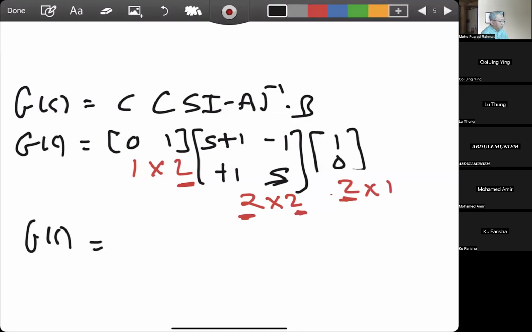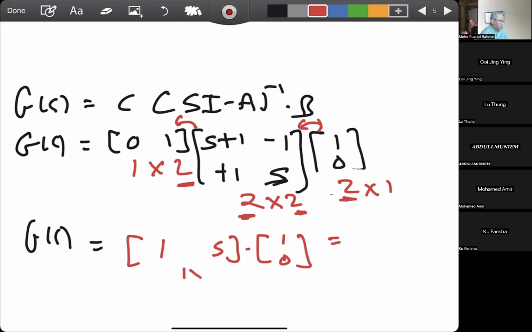you multiply this one first. Or you can multiply this one first also, because it ends with 2 and starts with 2. So I do the left one first. 0 multiplied by s plus 1 is 0, plus 1. 0 multiplied by minus 1 is 0. 1 multiplied by s is s.